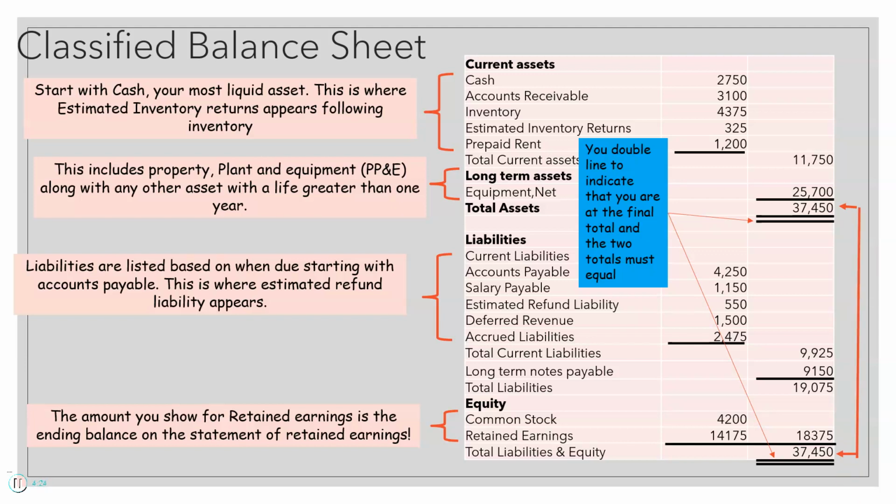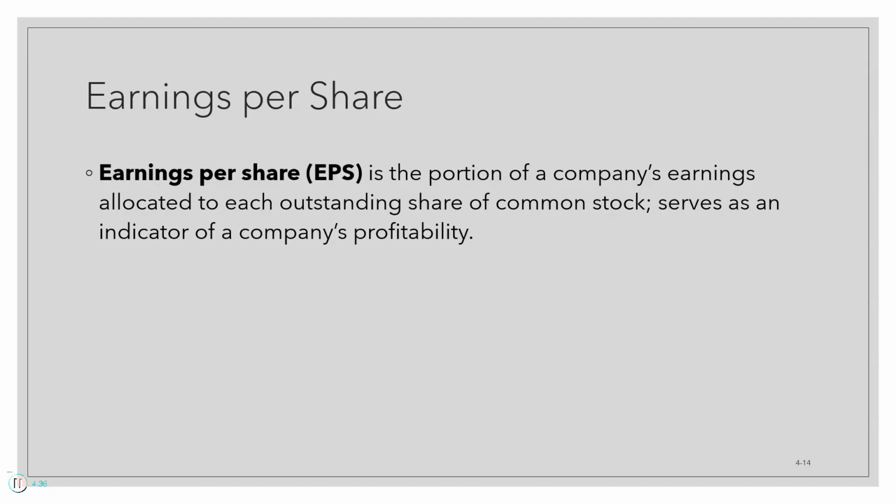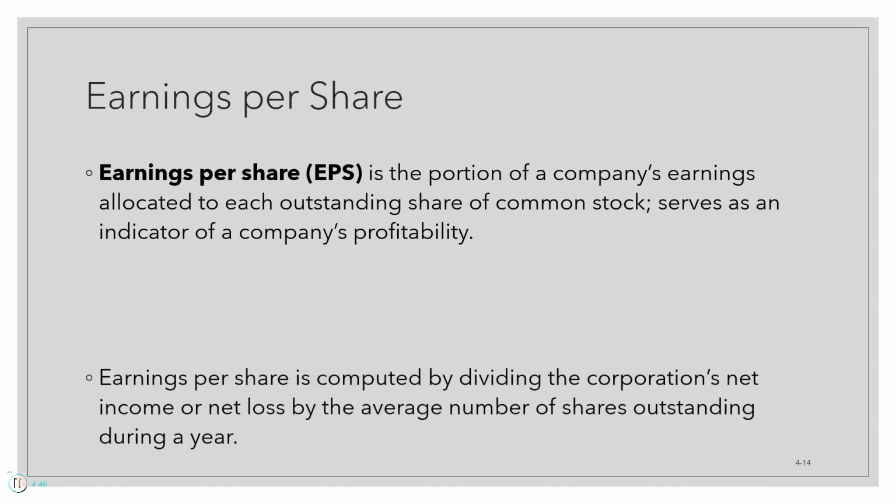Okay. Now let's look at a couple percentages on what we would do with our income statement at this point. So first we're going to look at earnings per share. Earnings per share is the portion of the company's earnings allocated to each outstanding share of common stock, and serves as an indicator of a company's profitability.